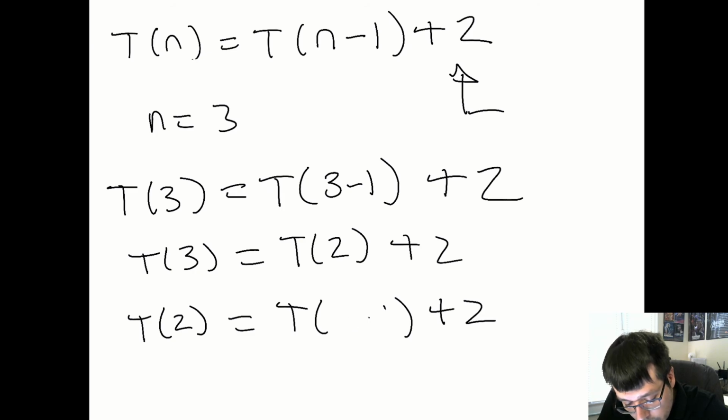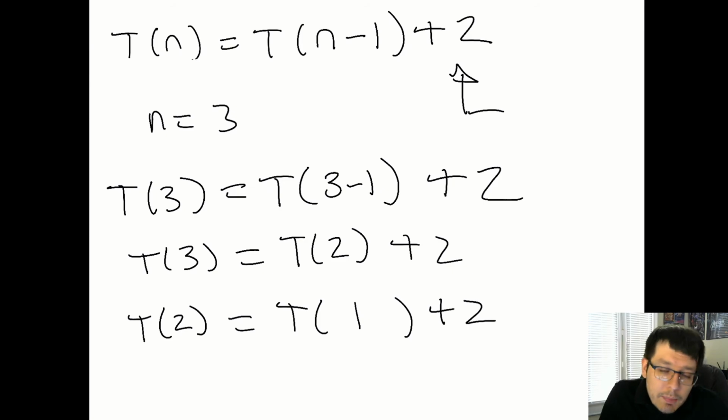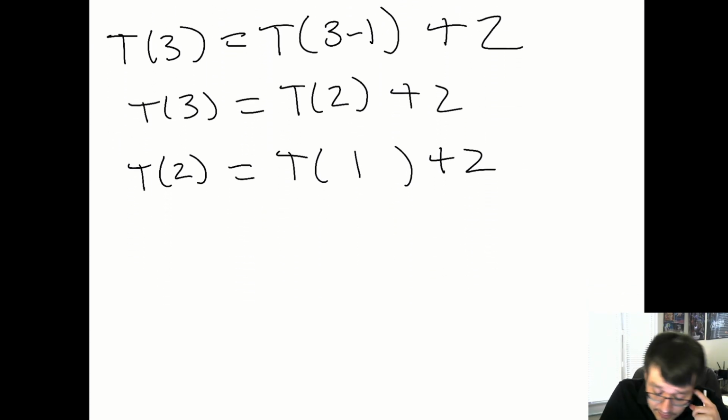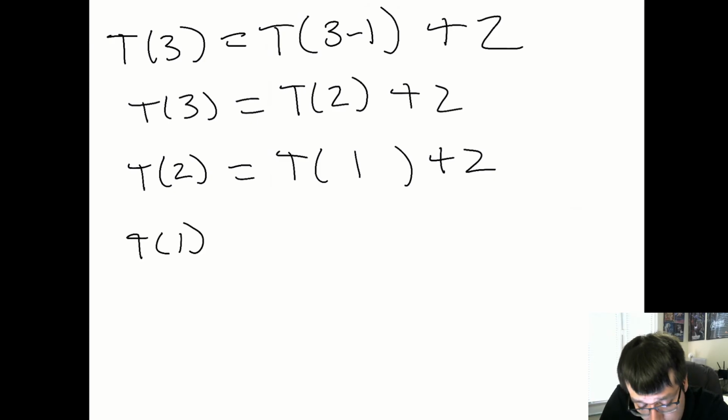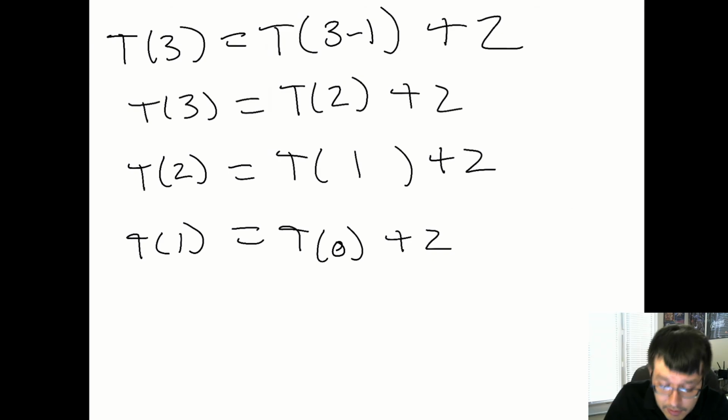So this becomes T(1) right here. So a program with n equal to 2 will take however long a program that takes 1 step does, plus another 2 seconds. Okay? Great. What happens now with T(1)? Well, that's going to take the same time that a program of T(0) steps takes, plus 2.